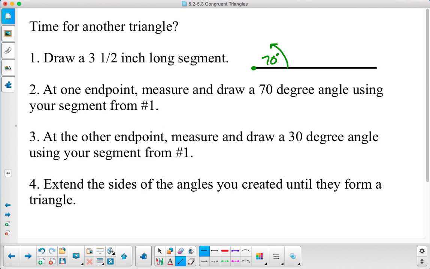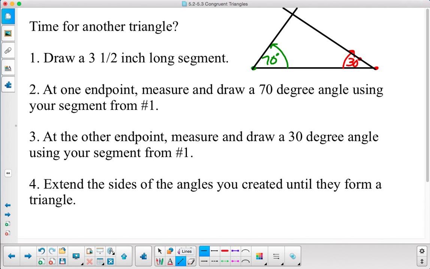I don't know how long to draw it, so I'm just going to go out quite a ways. Then from the other end, it says make a 30-degree angle. Okay, so from this point, protractor 30 degrees, might be about there. And draw the segment to finish that angle.